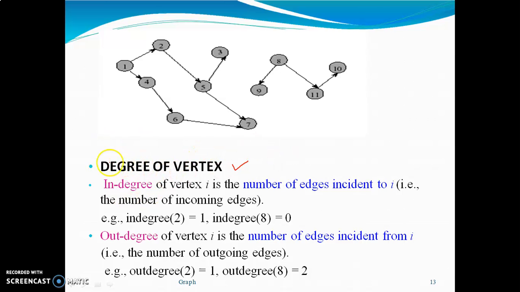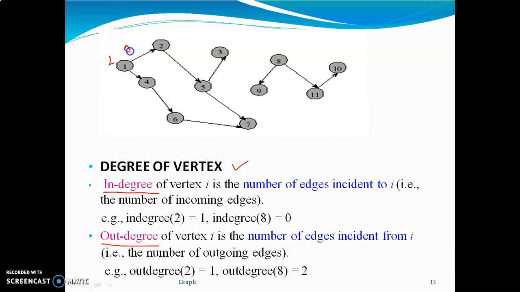But in the directed graphs we have the in degree of the vertex and the out degree of the vertex, because the number of edges coming into the vertex is the in degree, and the number of edges moving out from the vertex is the out degree. So in this graph, vertex 1 has 2 as the in degree, and there is no edge going out, so 0 is the out degree.